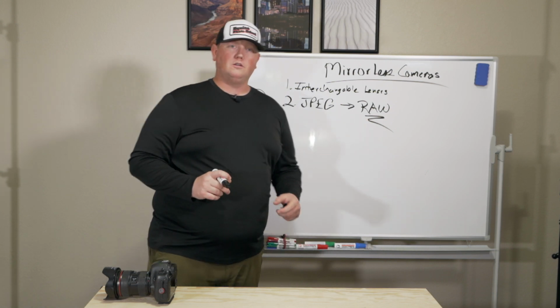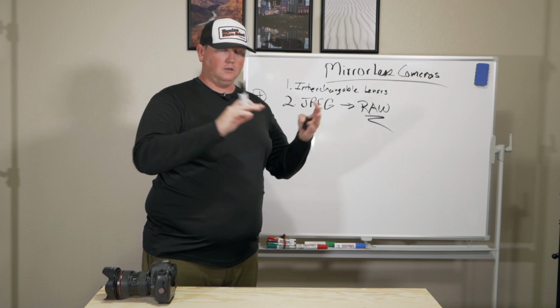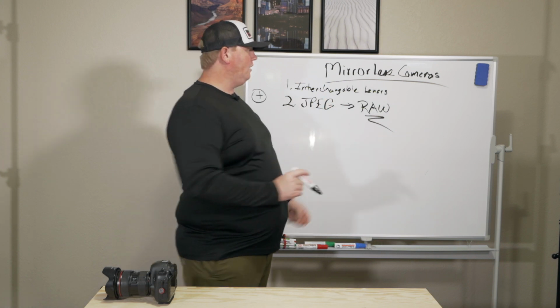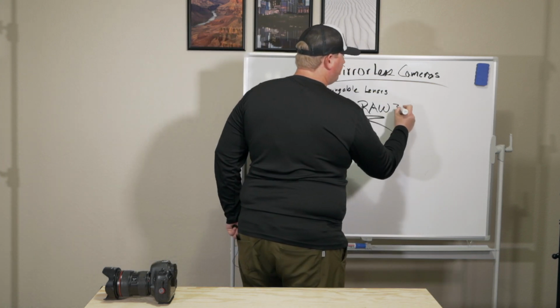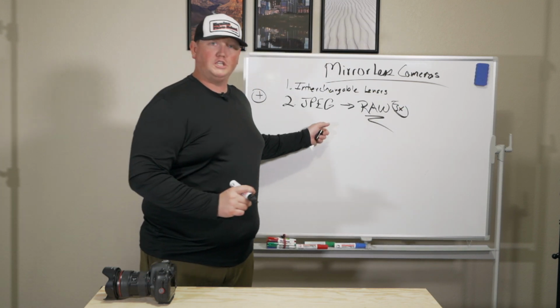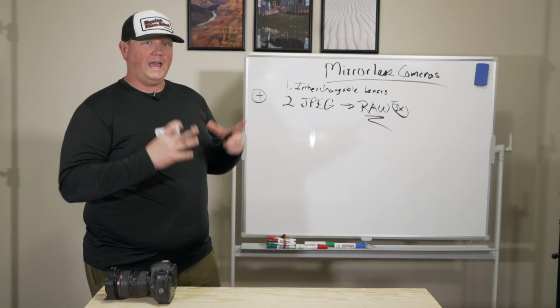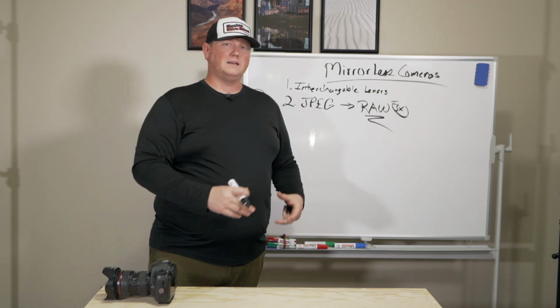The RAW file has all of your color data. It has lots and lots of data, a tremendous amount. These are roughly 3 times bigger in file size than a JPEG, which you might think is a negative, but it's a positive because when you're editing these, you have much more flexibility.